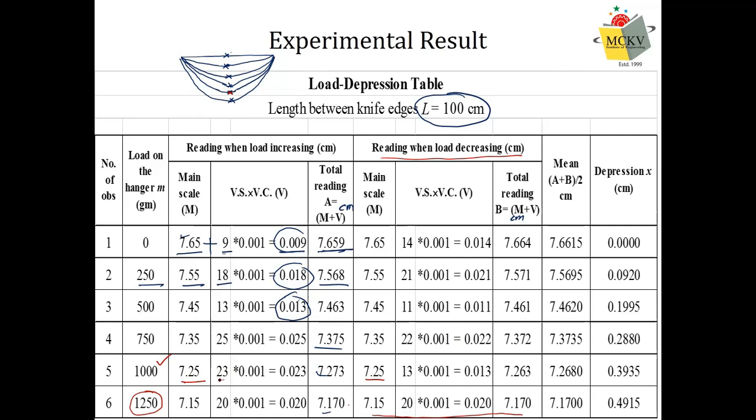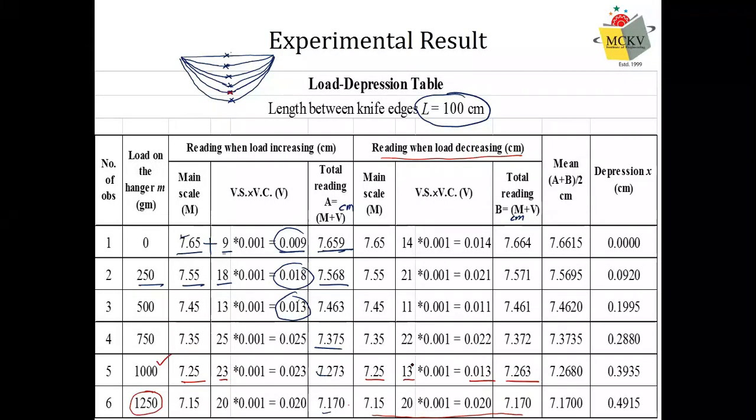You observe initially, when the load was increasing, the vernier reading we obtained was 23. Now it is 13. So in any case, there may be some measurement error, but now that measurement error can be rectified because now we have two observations. So for this 13 vernier reading, we can find out the vernier value and hence the total.